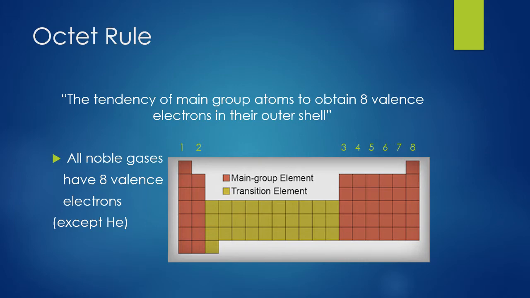In this diagram, the numbers above are the number of valence electrons of each element on the periodic table. We use these numbers of how many valence electrons they have so that we can figure out how many they would like to lose or gain to become a noble gas state and have a full octet.